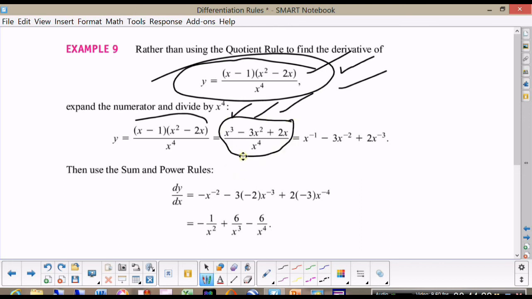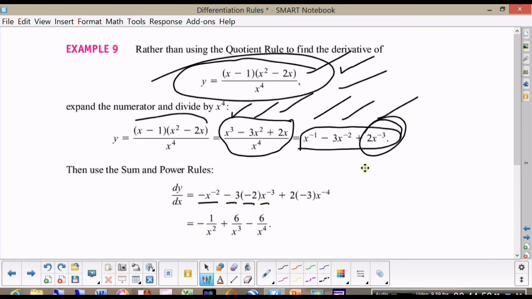Dividing x to the fourth into each of the three terms at the top gives you x to the minus 1 minus 3x to the minus 2 plus 2x to the minus 3. And notice you have three terms here you can use the power rule on, and that gives you minus x to the minus 2 minus 3 times minus 2 x to the minus 3.